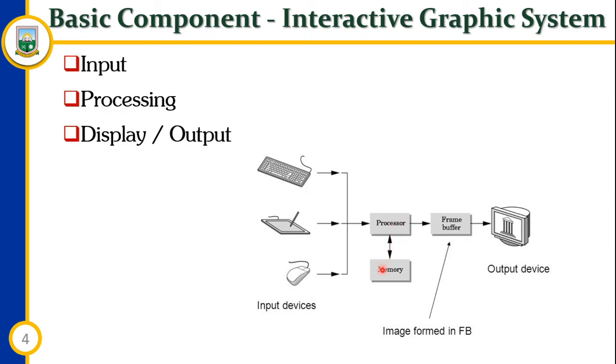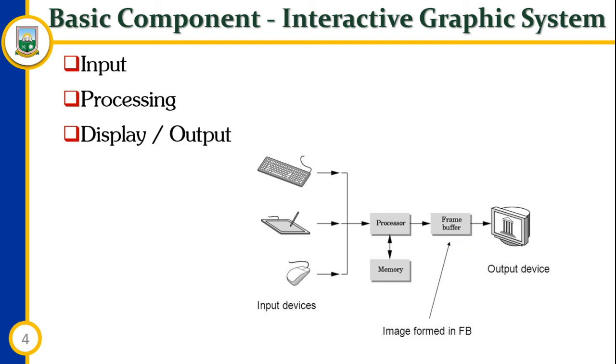We also have a memory to help save some of the things that we do, to aid the inputs that we put in the processor to process. And of course, we also have the frame buffer, where the image formed is held. So when we are working with computer graphics, the images that are formed and displayed on the screen are saved in the frame buffer.